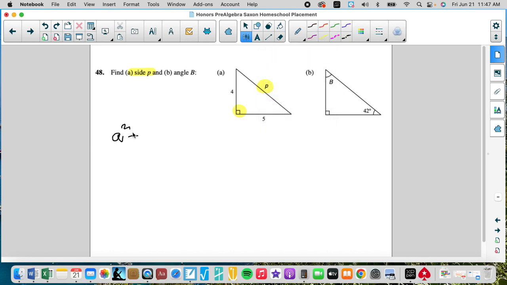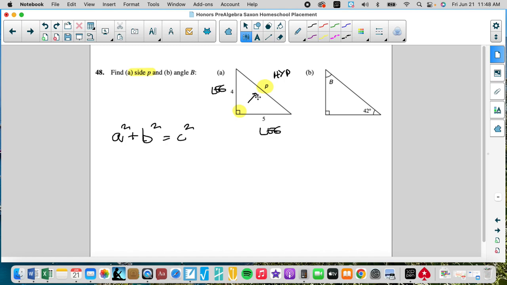The Pythagorean theorem says in all right triangles, the sum of the squares of the legs will be equal to the square of the hypotenuse. This is a leg, this is a leg, and this is the hypotenuse. The legs are the sides of the right angle, and the hypotenuse is the side opposite the right angle.